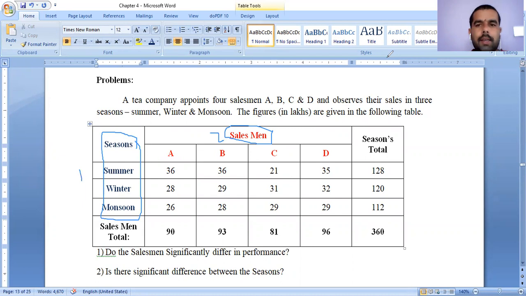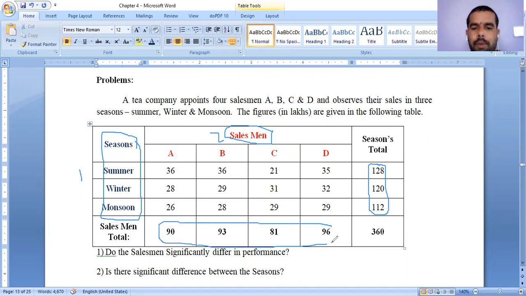Next, observe this problem carefully. In this given problem, A, B, C, D, the 4 salesmen, we call them 4 columns, and summer, winter, monsoon, the 3 seasons, are the rows. In this given problem, all these totals are already done.